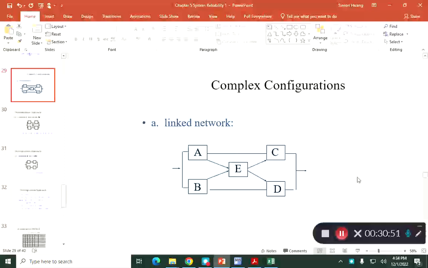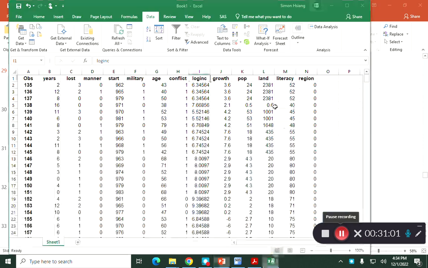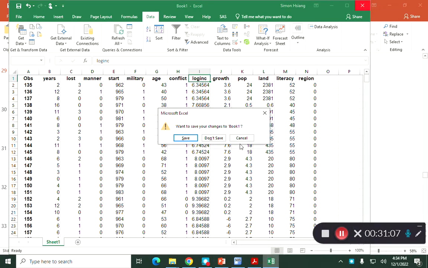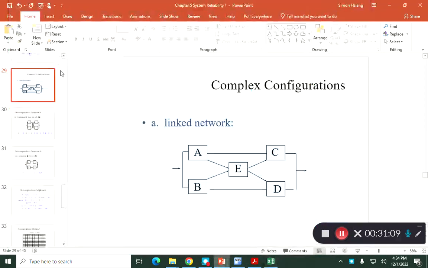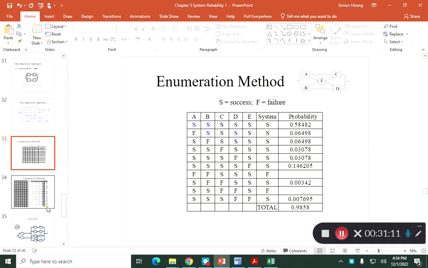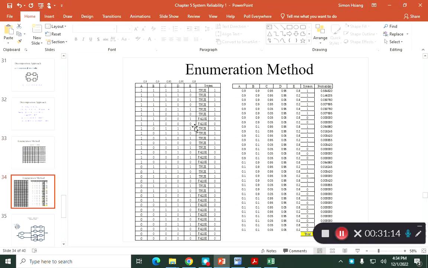This can be optimized if you know the gradient, but since we don't know the gradient, the trick is really in the enumeration. You have some big number or small number in different areas.